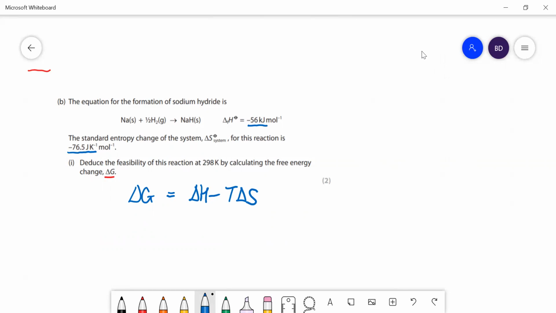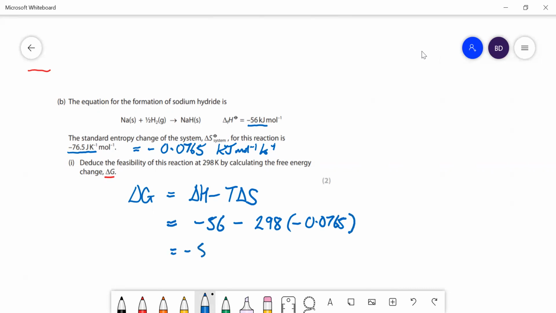I usually convert to kilojoules, so I'm going to turn that into kilojoules. That's going to be minus 76.5 divided by 1,000, which is minus 0.0765 kilojoules per mole per Kelvin. Let's put the numbers in there. So delta G is equal to minus 56 minus 298, which is the temperature, times minus 0.0765.